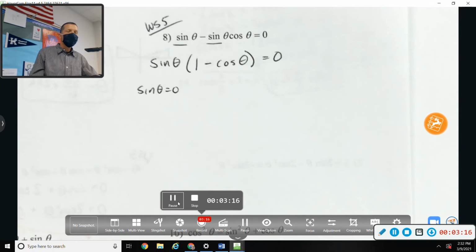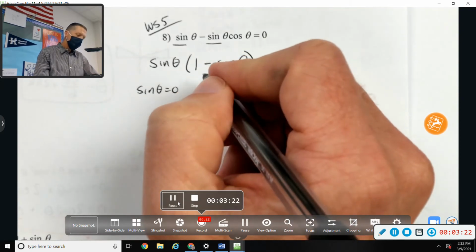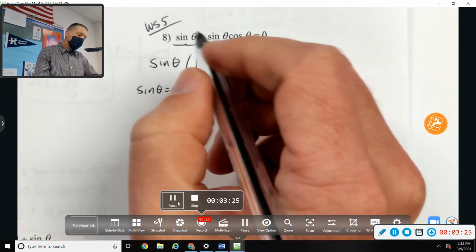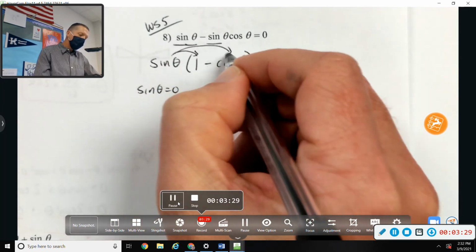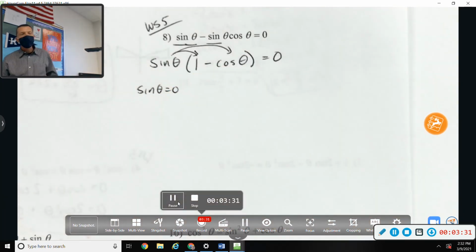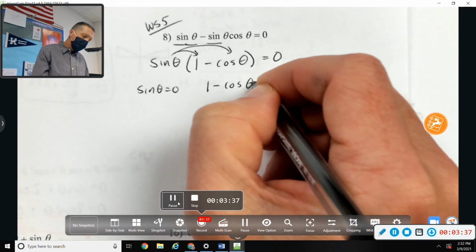But why is there a 1 there? Yeah, because if the sine is multiplied by the first, it replaces the first term. Never mind. Yeah, if I distribute it back, I better get what I started with. So I need a 1 to hold the spot there. Okay. Yes. And then 1 minus cosine equals 0.